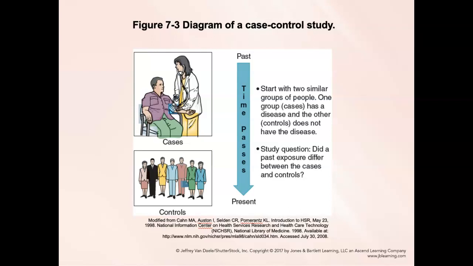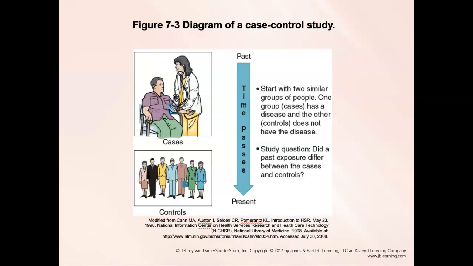I'm interested in looking at risk factors for leukemia. What I might do is go out and find people with leukemia and then find a comparable group of controls, and you're then going to compare those two groups in terms of their history, their past exposures.